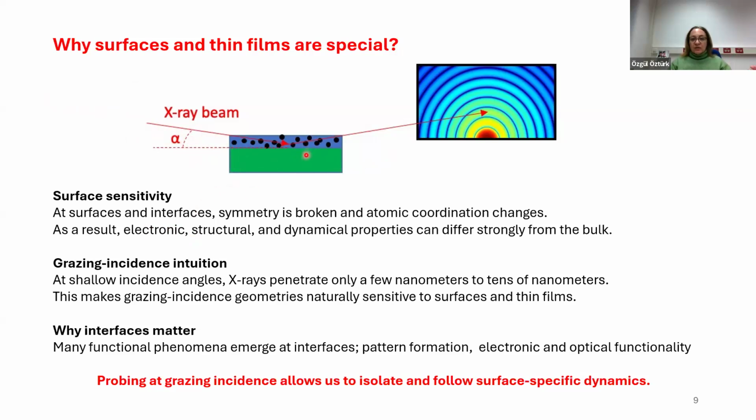The symmetry is broken and atomic coordination changes. As a result of this, electronic, structural, dynamic properties can differ strongly from the bulk behavior. So we have a surface sensitivity. And at shallow incidence angles, X-rays penetrate only a few nanometers, I mean maybe tens of nanometers, and this makes grazing incidence geometries sensitive to the surfaces and thin films.